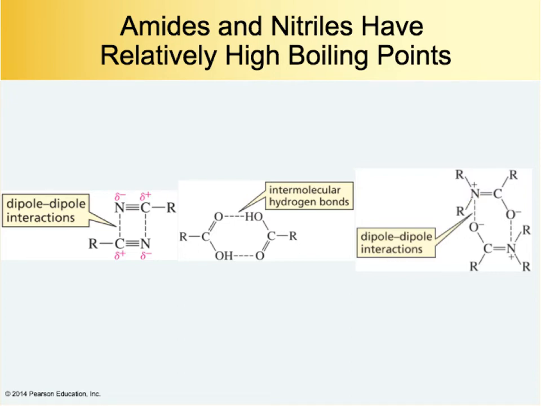That resonance structure for an amide is much more significant than for a carboxylic acid or an ester because nitrogen is less electronegative, so it's more likely to donate its lone pair in resonance. So you're going to see a lot more of that going on. Amides particularly have really high boiling points, and we're made up of amides, so that makes sense. We don't boil very easily. We have strong intermolecular interactions, so that's a good thing.